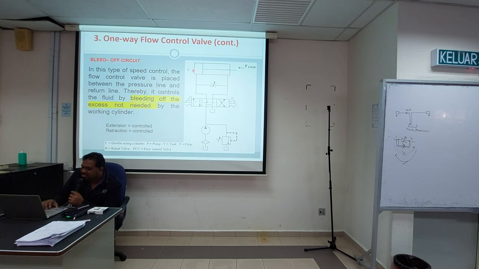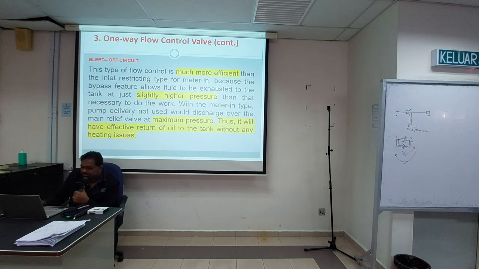So the hydraulic oil that enters here will be reduced. So when exiting, some will also go through here, a little bit. So extension and also retraction will be controlled. So certain types of application need this. You want to control both sides to create damping, so you want it to move slowly or so. Okay.